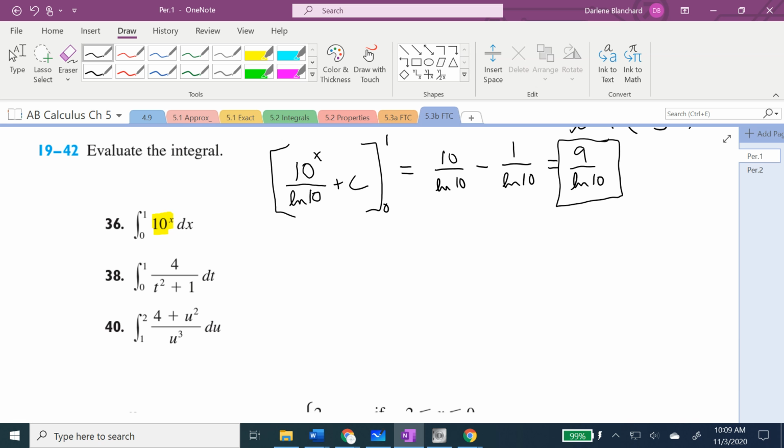And so know that what that just found was the area under the exponential function 10 to the x. I'm just going to draw a real basic rendition from x equals 0 to x equals 1. This is not to scale at all. I just found that area.